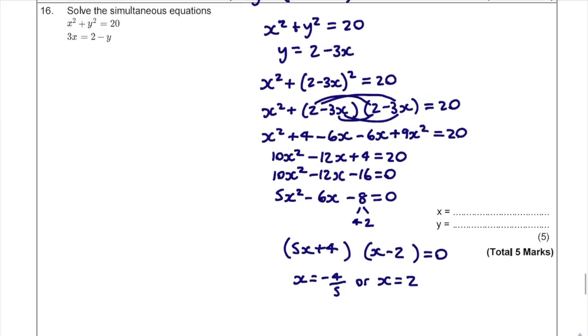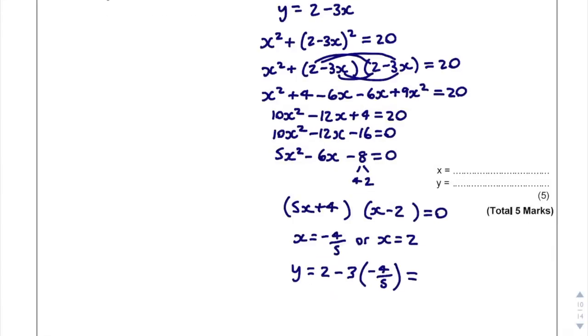Now I can work out my values of y by substituting these values of x into y equals 2 minus 3x. So I'm going to get y equals 2 minus 3 multiplied by minus 4/5. If you work that out on your calculator, you'll get 14/5. And then for the second one, it's going to be y equals 2 minus 3 multiplied by 2.